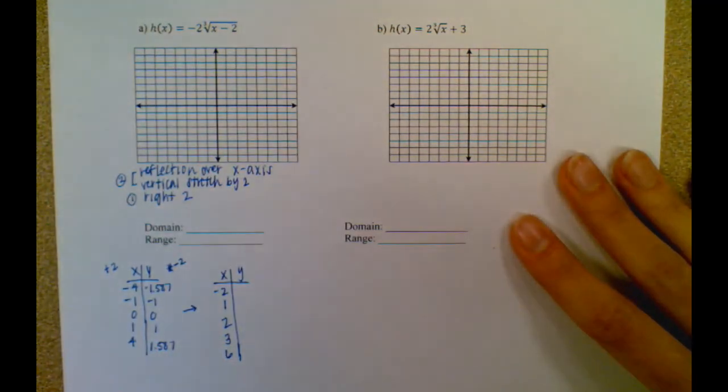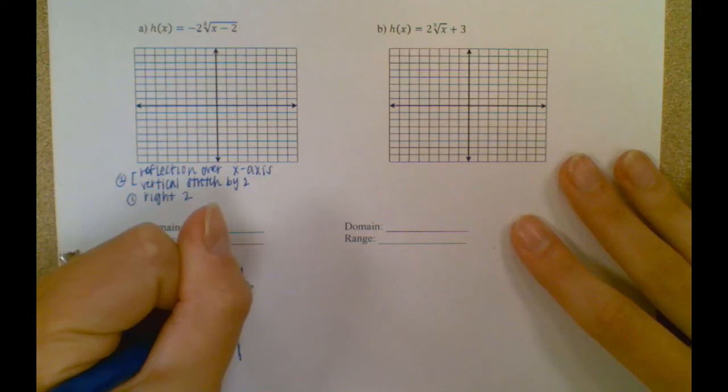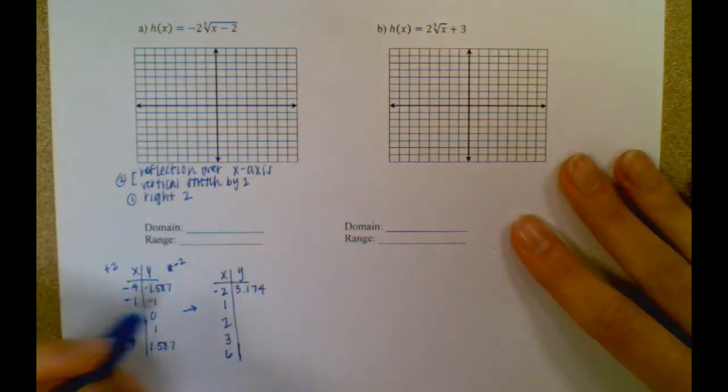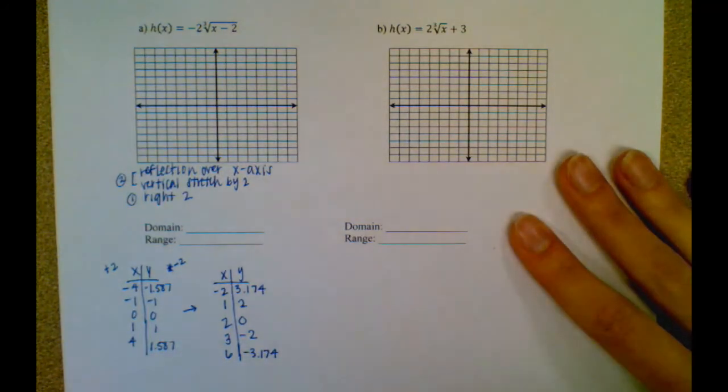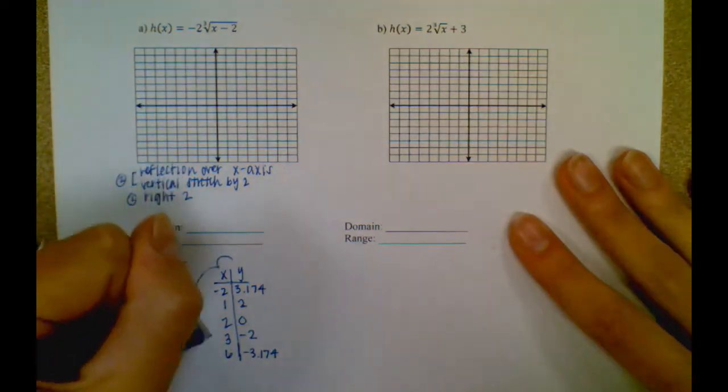So -1.587 times -2, 3.174. This will be +2, 0, -2, and this will be just the negative version of what was up there. Okay? Alrighty, and that's all the transformations.